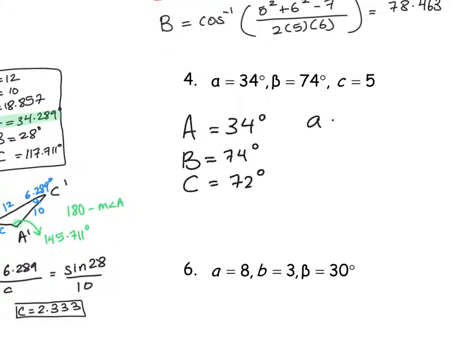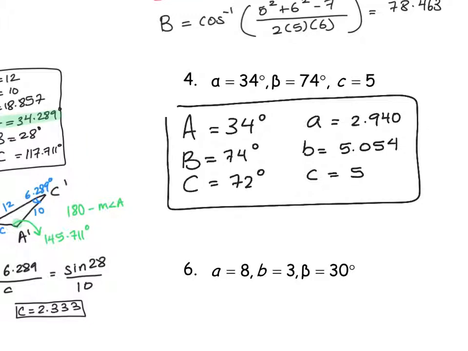Side A is 2.940, side B is 5.054, and side C is 5. So this way we have solved all the angles and all the sides.